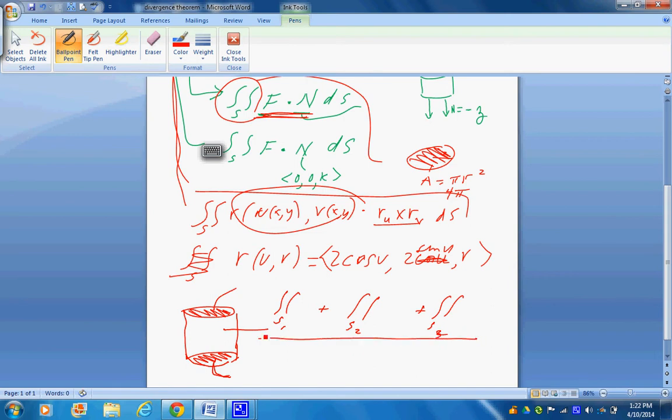What the divergence theorem says, if I take the volume of this and I do a triple integral of the divergence of F over the volume, it turns out that it's going to be the same as this.